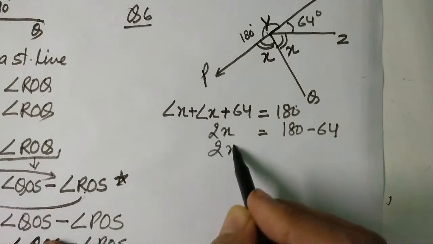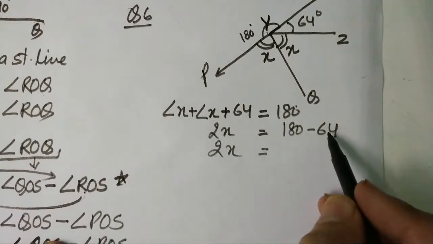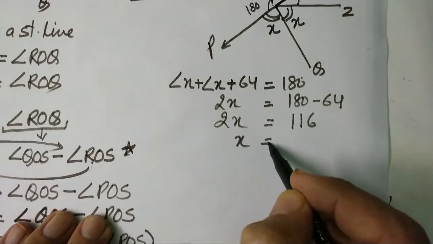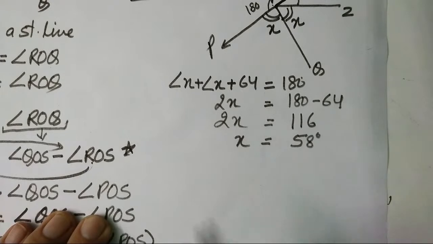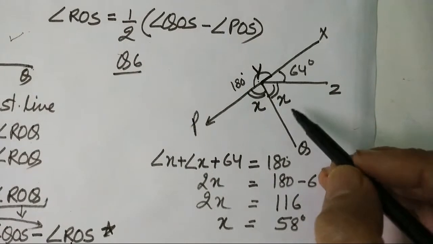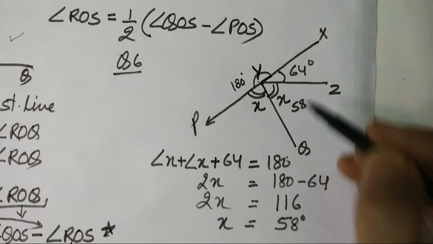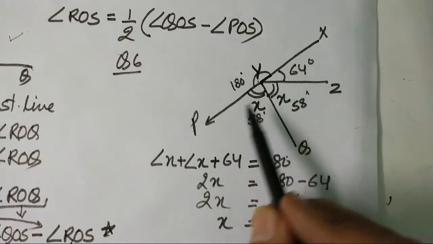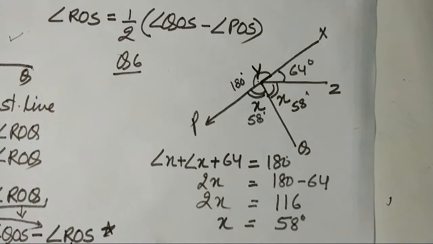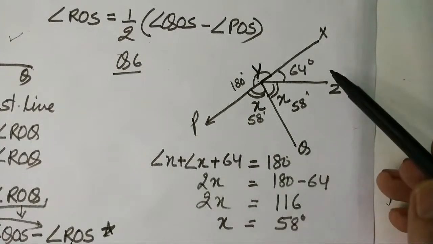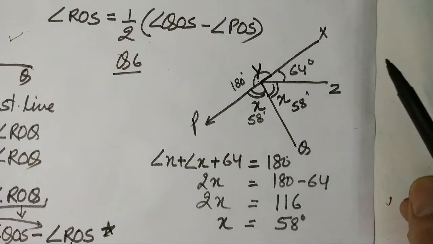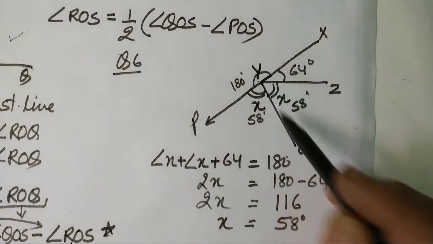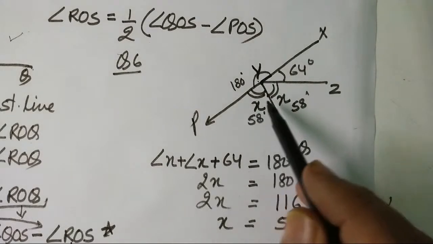Then 2x is equal to 116. Therefore x is equal to 58 degrees. So we have found one answer, that this angle is 58, and this also will become 58 because both the angles are equal. So we have found the first answer, angle ZYQ, the bisected angles.